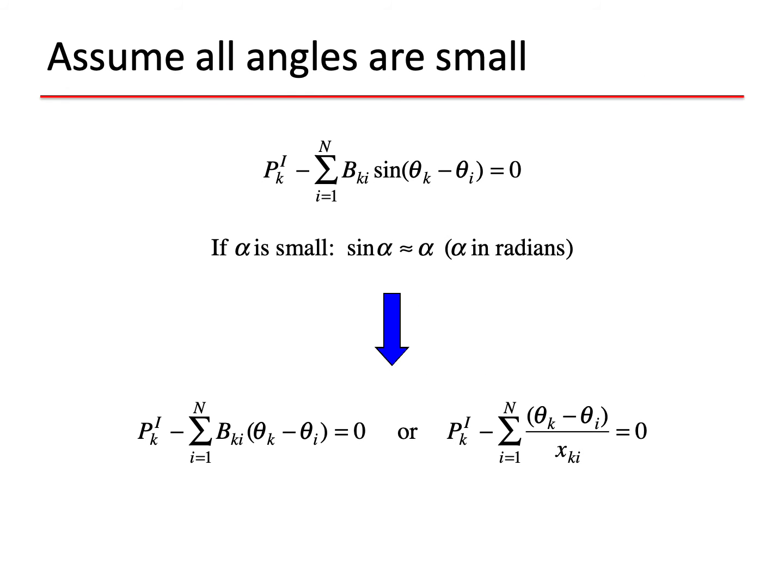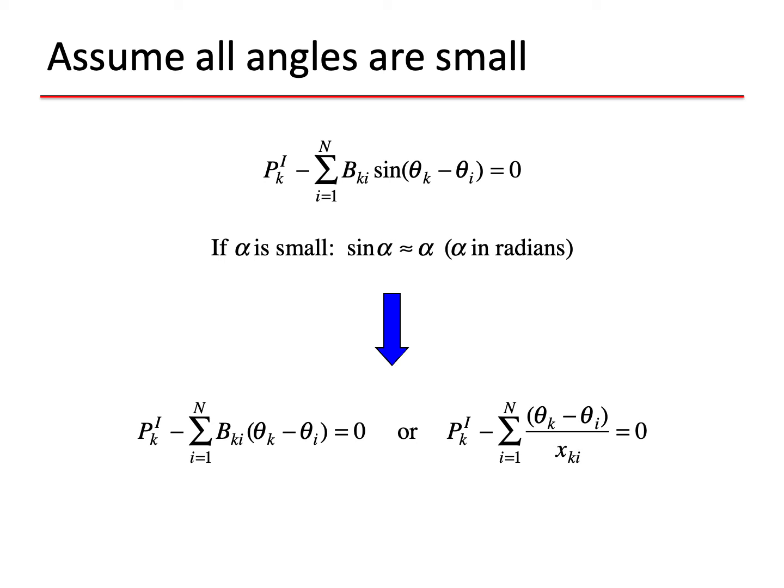Our equations are already much simpler than what we started with, but we still have this sine function, which is nonlinear. Fortunately, if an angle is small, the sine of this angle is approximately equal to the angle if the angle is expressed in radians. So in the equation at the top of the slide, we could replace sine of theta k minus theta i by simply theta k minus theta i.